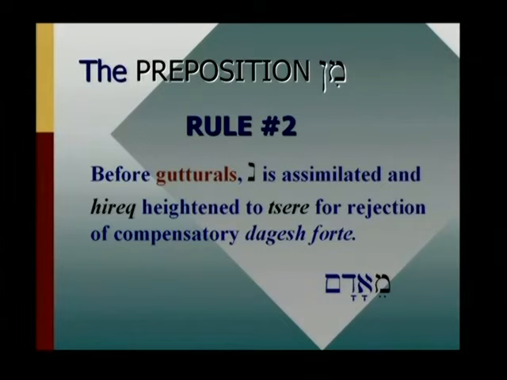It rejects doubling dagesh. So since it rejects doubling dagesh, then we compensate. Remember what we did with adam, with the article, ha'adam? It's not ha with a pathach and a dagesh, because the aleph rejects the doubling dagesh of the article, so we compensated by heightening the pathach short vowel to the long qamets vowel, so it's ha'adam.